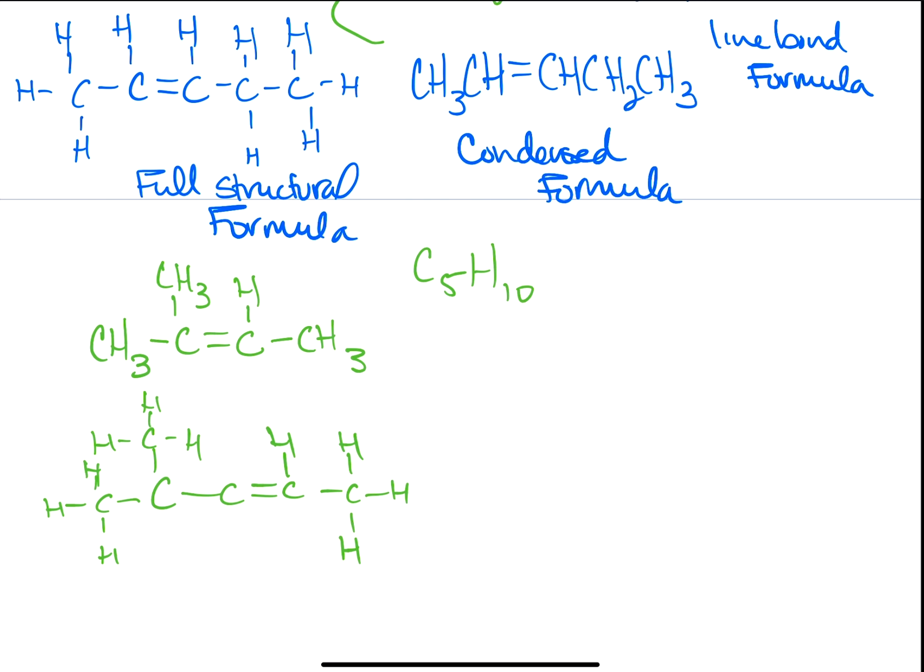So numbering forwards and backwards on that one is going to give you a double bond at carbon number 2. But if we number forwards, we're going to get a branch on carbon number 2 rather than having the branch on carbon number 3. So we're going to number left to right on that one.